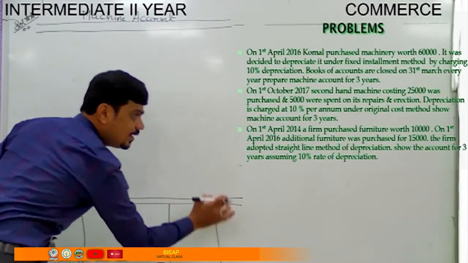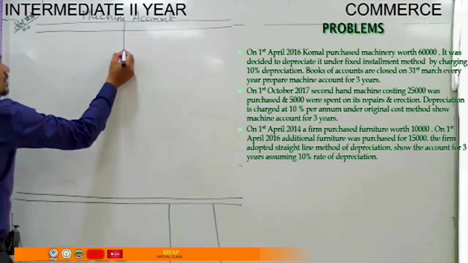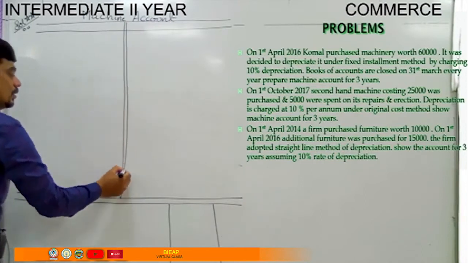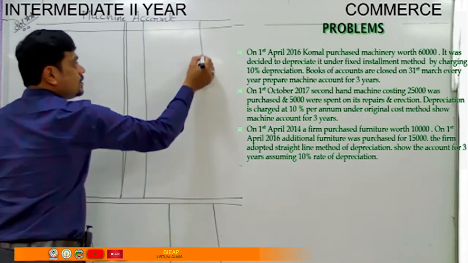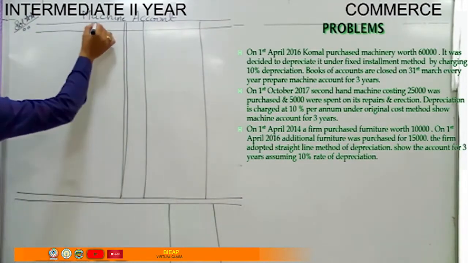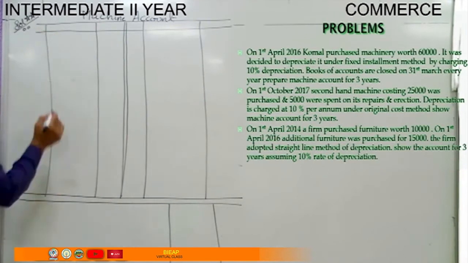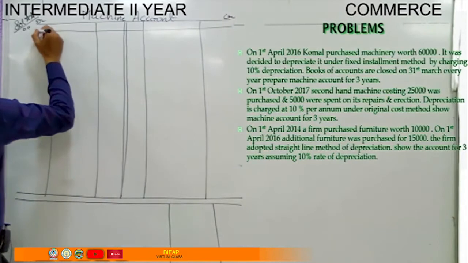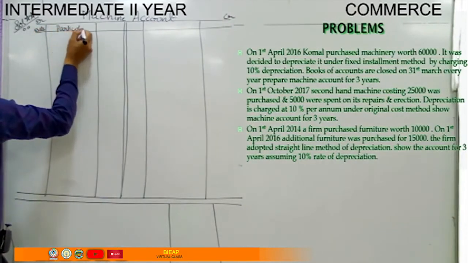This is machine 1, machine 2. Okay, as it is account. Date, particulars, amount. Date, particulars, amount. Debit, credit. Date, particulars, amount.